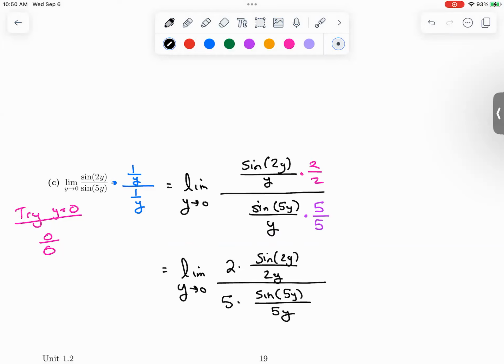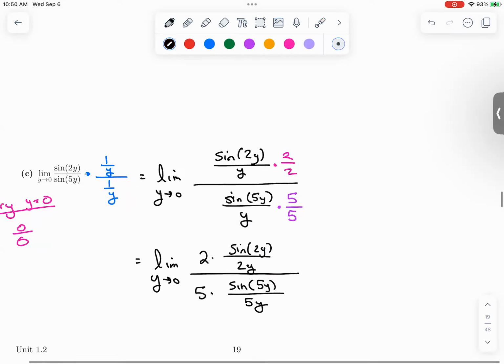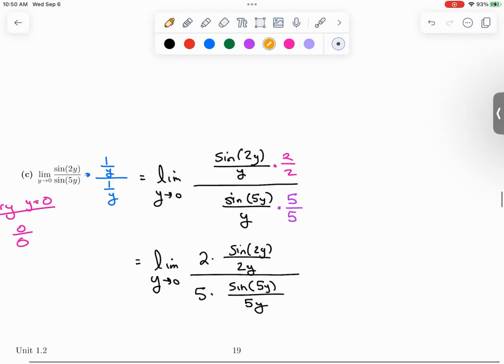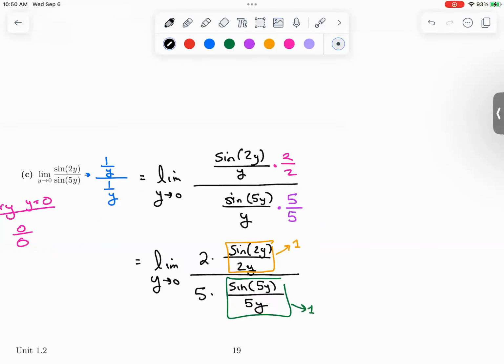And as y goes to 0, 2y and 5y, the insides of the sines, will also go to 0, thereby obeying our theorem from the next page. So this numerator piece goes to 1, and so does this. So we just end up with 2/5.